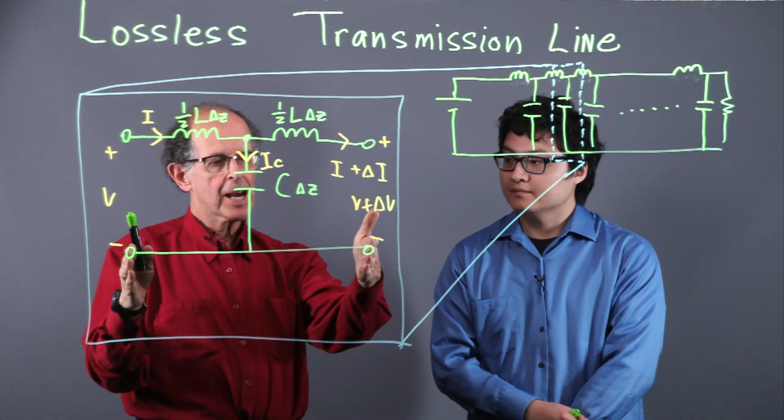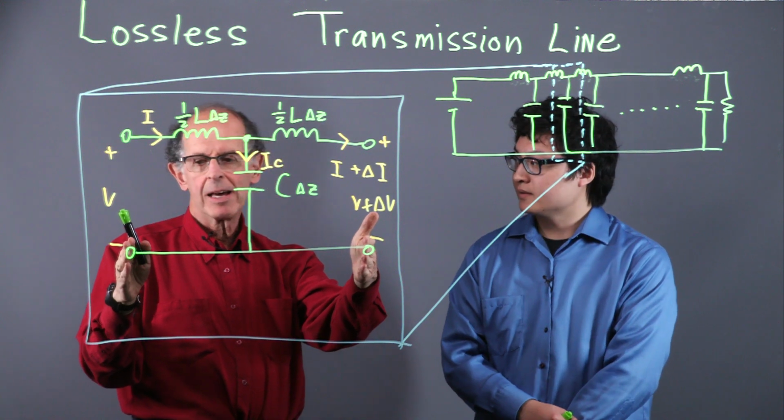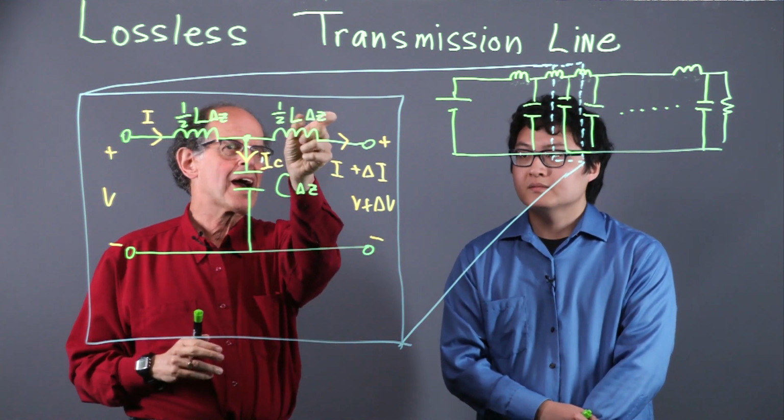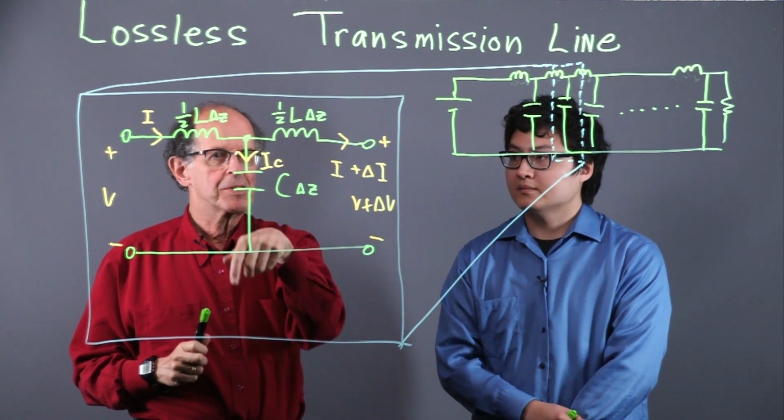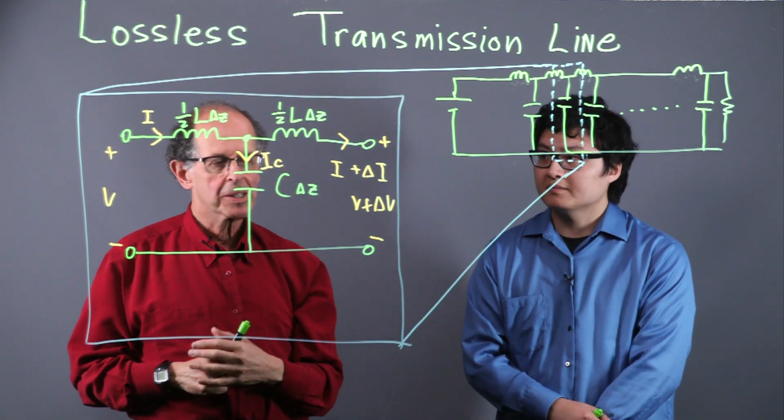The length of line you could think of as delta Z, and this is half delta Z on each side of the dividing node where the capacitor is.